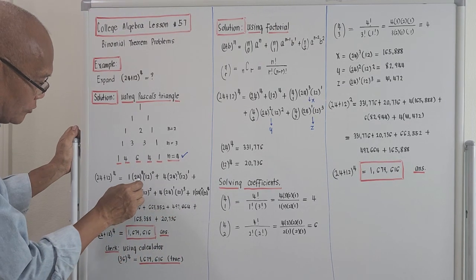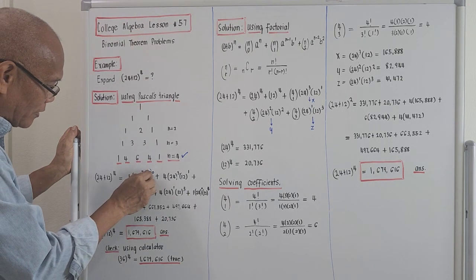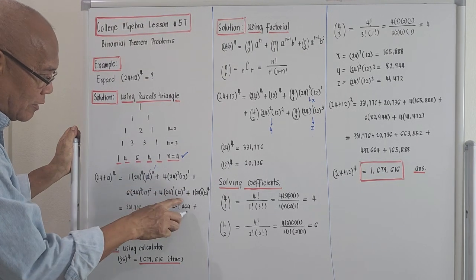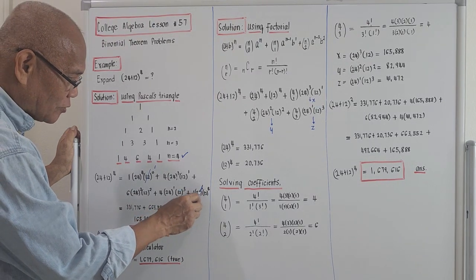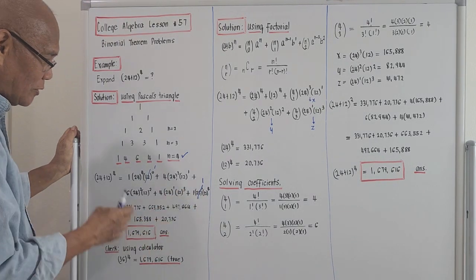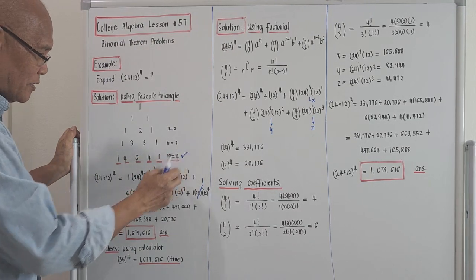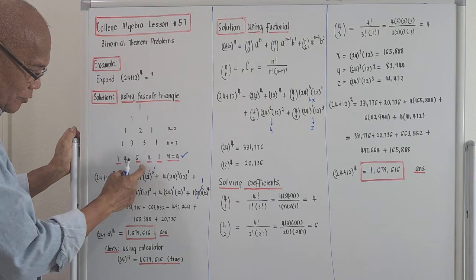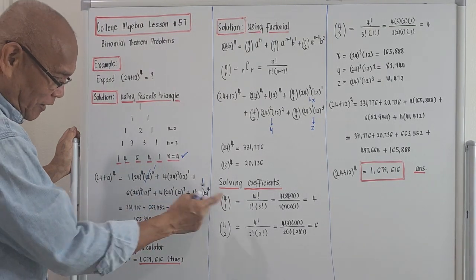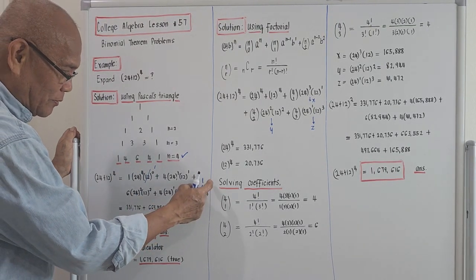But take note that 12 to the first power is 12, and 24 to the 0 power is 1. So actually, the first and last terms are just the first term to the fourth power, and the second term to the fourth power.